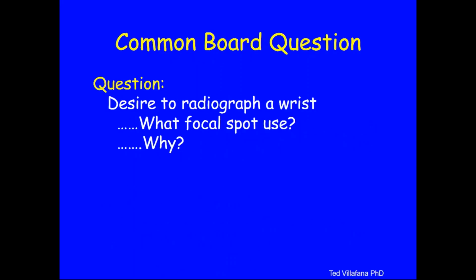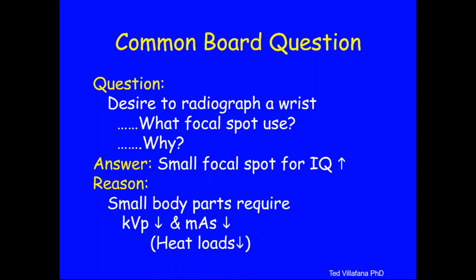Okay, now, very common board question that just brings this all to bear in a real world situation. You have a patient and you're going to take a radiograph of a wrist. What focal spot should you use and why? Well, I already gave you the answer to that. A wrist is relatively thin. You want to go to a small focal spot. Why?